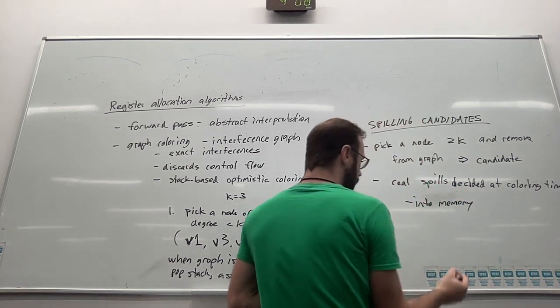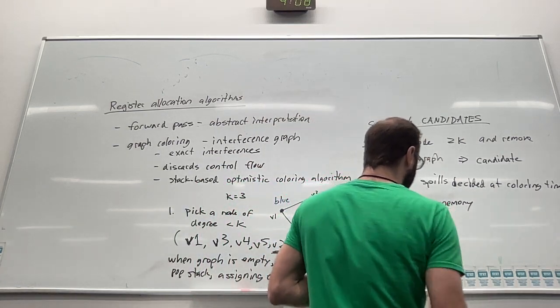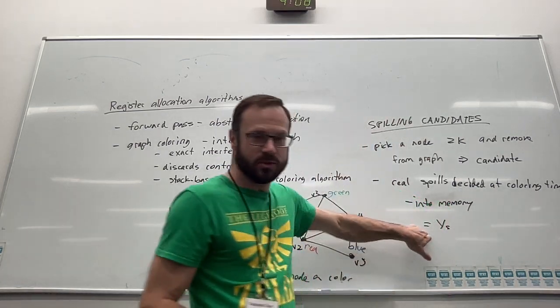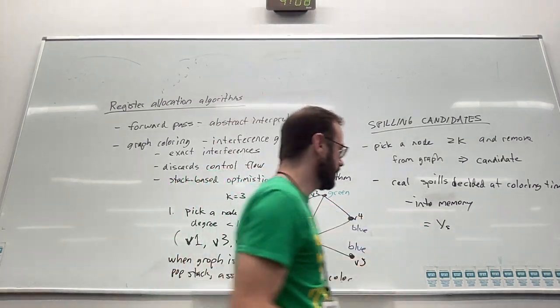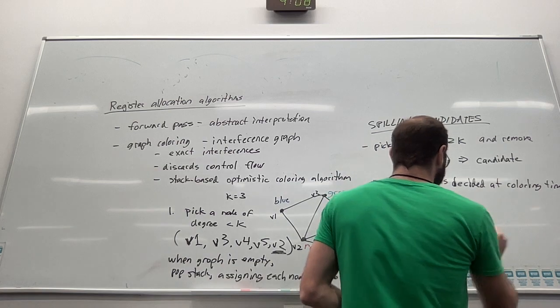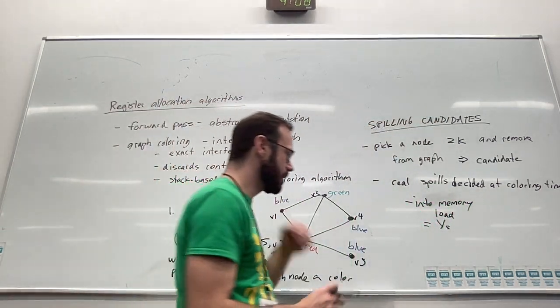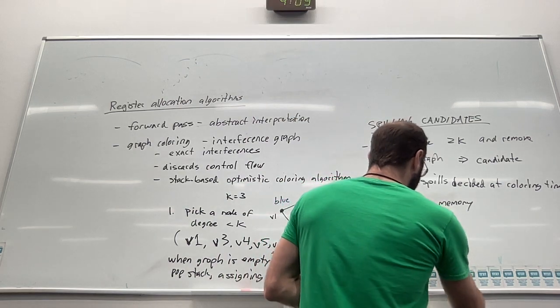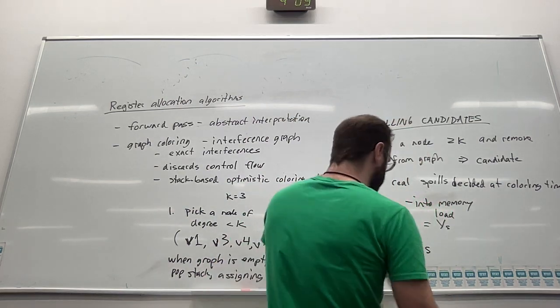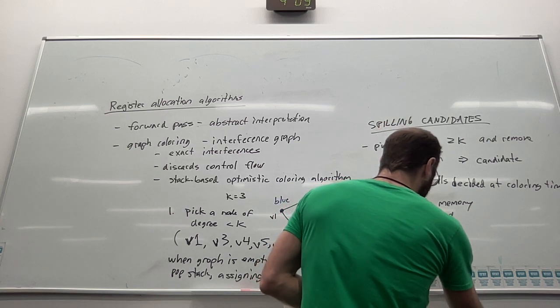So wherever that variable is used, let's say that we did VS as a spill, if we use that in an expression, then we must load it from the stack before that expression. And similarly, if we compute it, define it, we store it right afterwards.